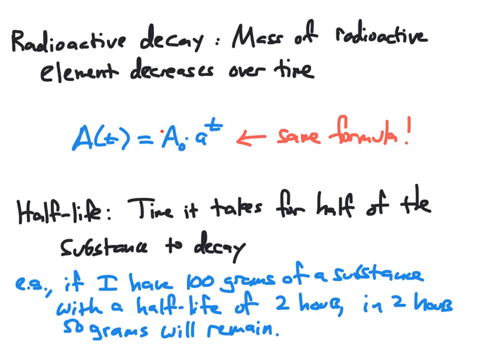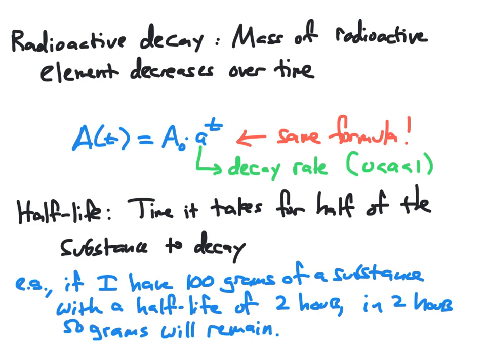A sub 0 is the amount at time t equals 0, or the initial amount. And the value of lowercase a is called the decay rate. With a decay problem, this is going to be a value of a somewhere between 0 and 1. Recall that for an exponential growth problem, a would be bigger than 1, but for exponential decay, we should expect a to be somewhere between 0 and 1.